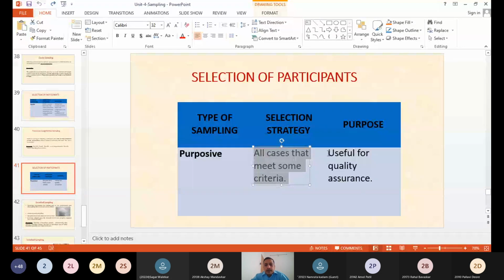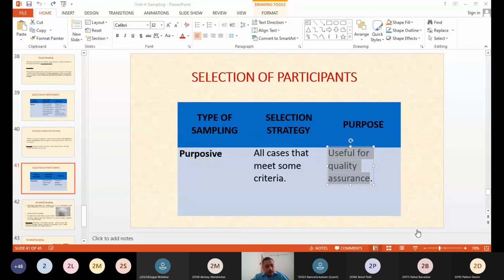The purpose of this method is that it is useful for quality assurance. The researcher will be assured of the quality of the research, because he has selected those units from the population which he thinks are more informative, or can provide quality information.